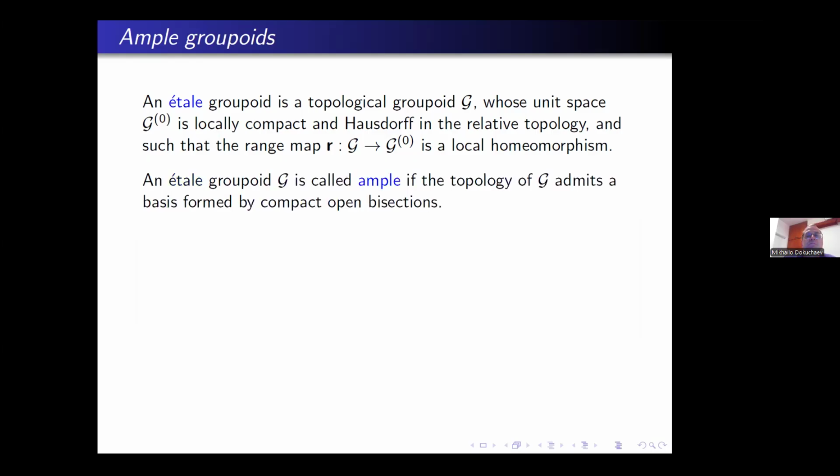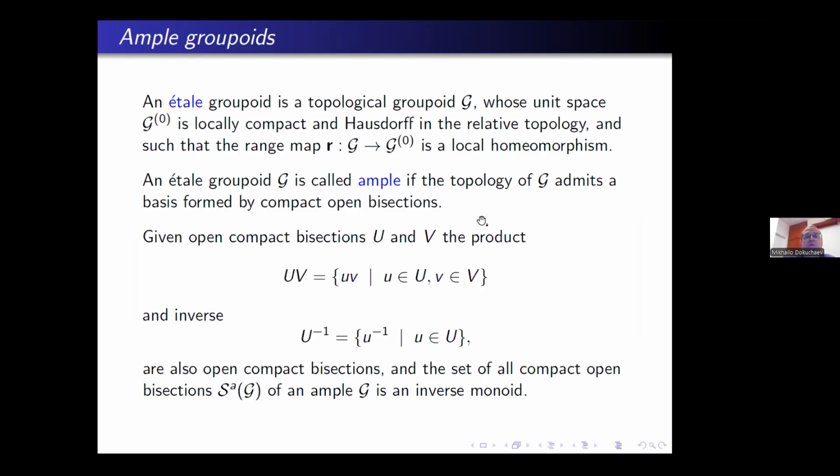An étale groupoid is called ample if the topology admits a basis formed by compact open bisections. Now, taking two compact open bisections, it is known that the product is again a compact open bisection, and the pointwise inverse also is a compact open bisection.